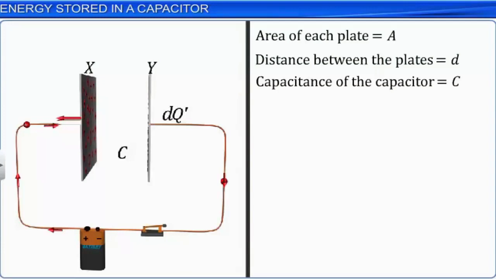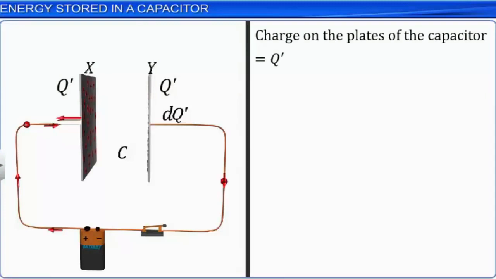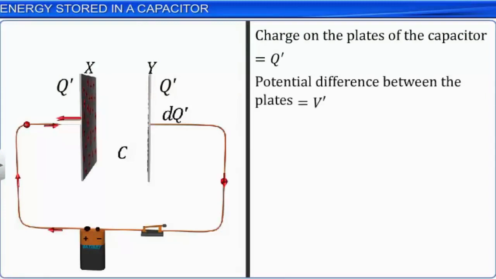Now, let us consider a state of the capacitor where the charge on the plates of the capacitor is Q dash and the potential difference between the plates of the capacitor is V dash. Then, Q dash is equal to CV dash or V dash is equal to Q dash by C. Let this be equation 1.